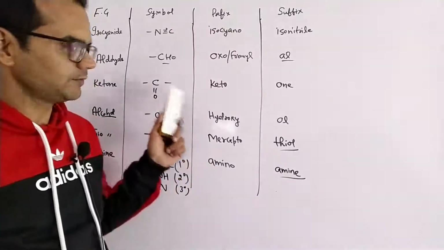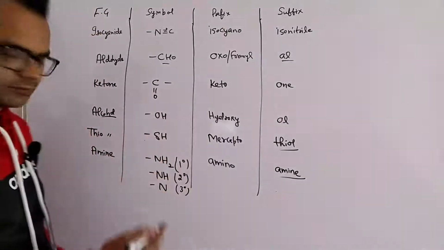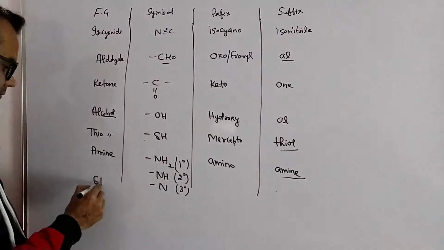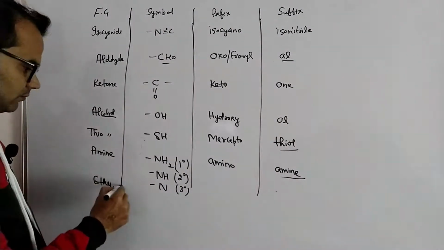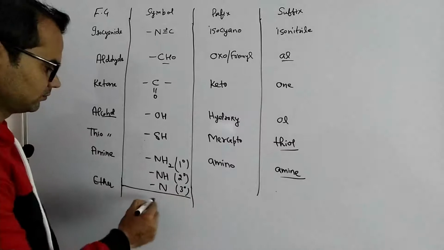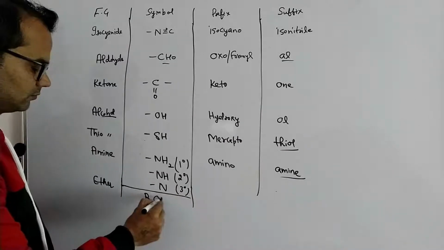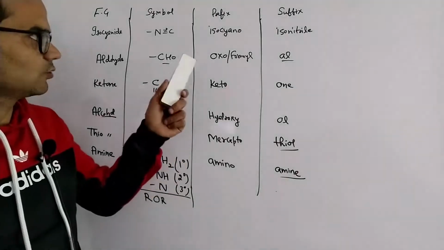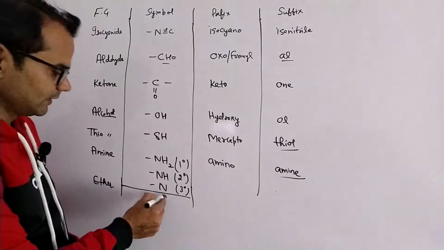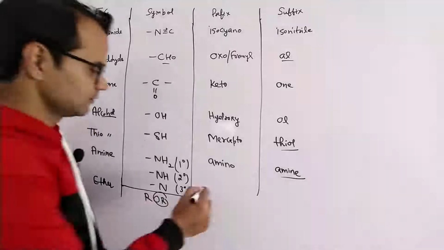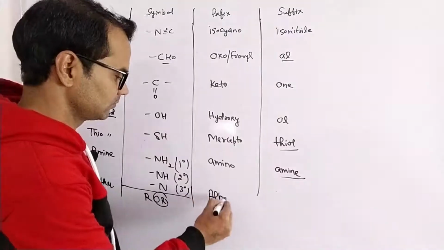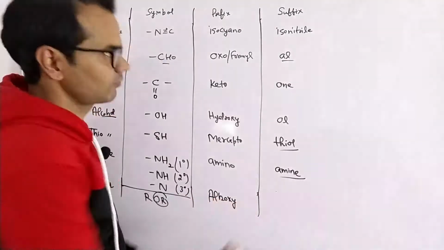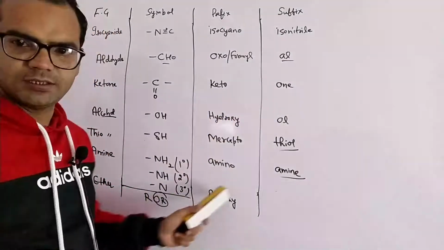And last we have ether. Symbol is ROR. It is used as a prefix, where this part is alkoxy, and its suffix is alkoxy alkane.